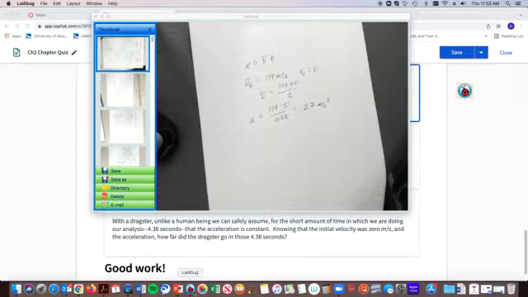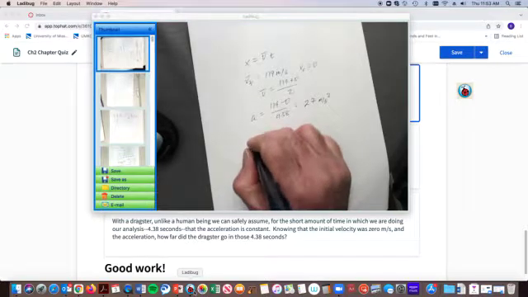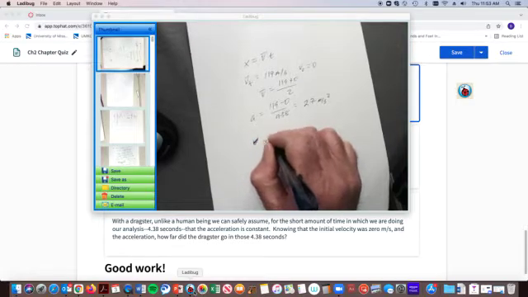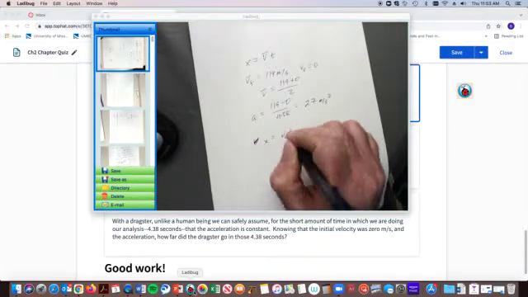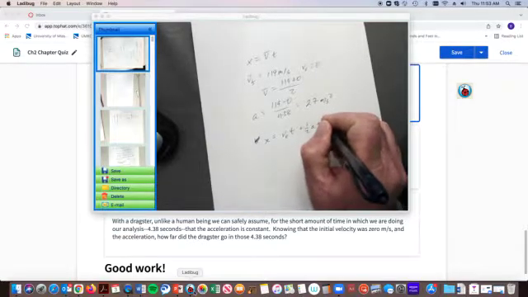And we also know that x also equals v naught times t, where v naught is equal to 0 in this case, plus 1/2 a t squared.